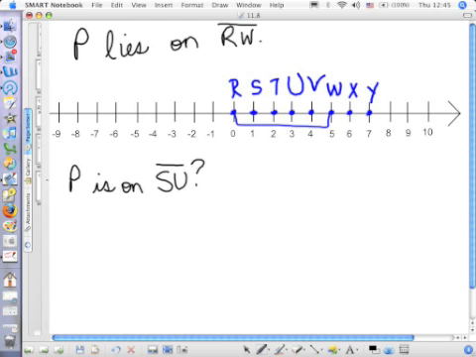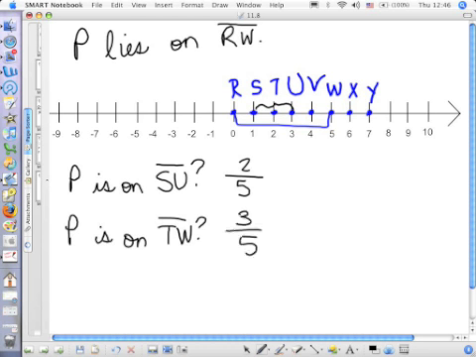Because we've got to figure out how long SU is, which is only 2 units, and divide that, I told you it's on RW somewhere, and RW is 5 units. What's the probability that point P is on TW? 3 to 5. Because from T to W is 3 units, and the whole thing is 5 units long.